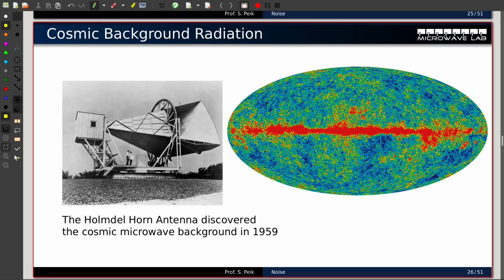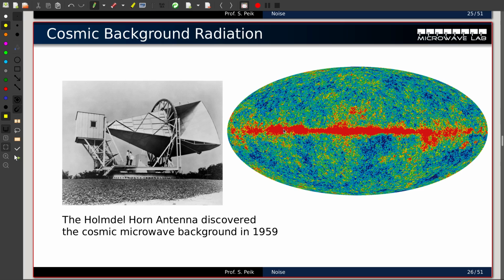And when they looked at it, they figured out that they received signals, very weak, of about 5 Kelvin when you convert it into a temperature. So when you point in a direction in the sky where there's nothing, you receive a signal of 5 Kelvin. That means there's something at the back of the universe, the so-called cosmic background radiation, that creates a 5 Kelvin temperature. And it also depends on the direction.